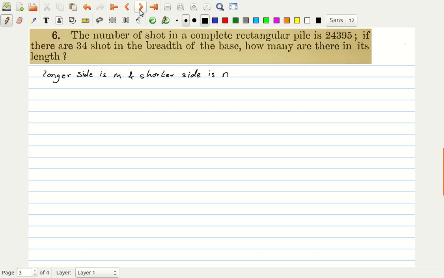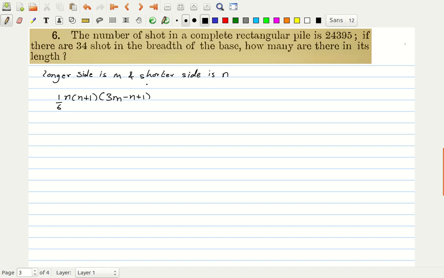I will use the formula directly. We know that the number of balls is given by n times (n plus 1) times (3m minus n plus 1), divided by 6, right?